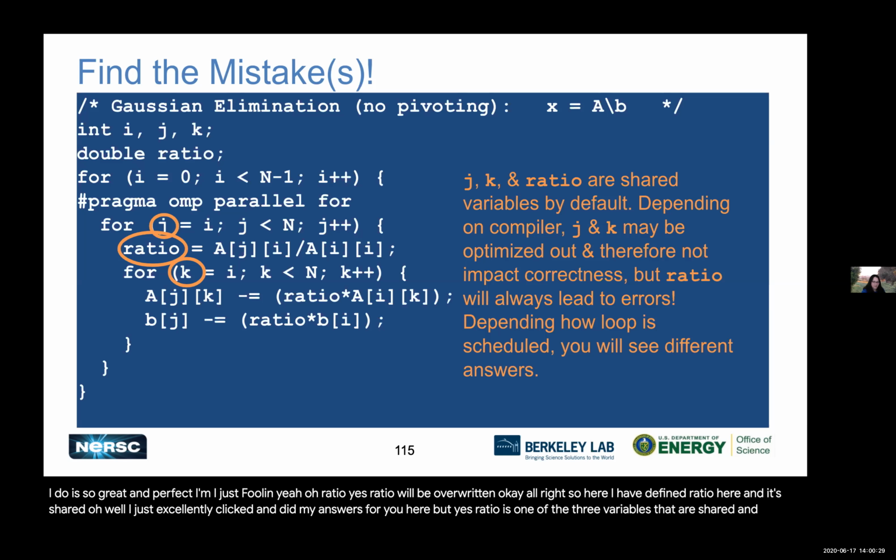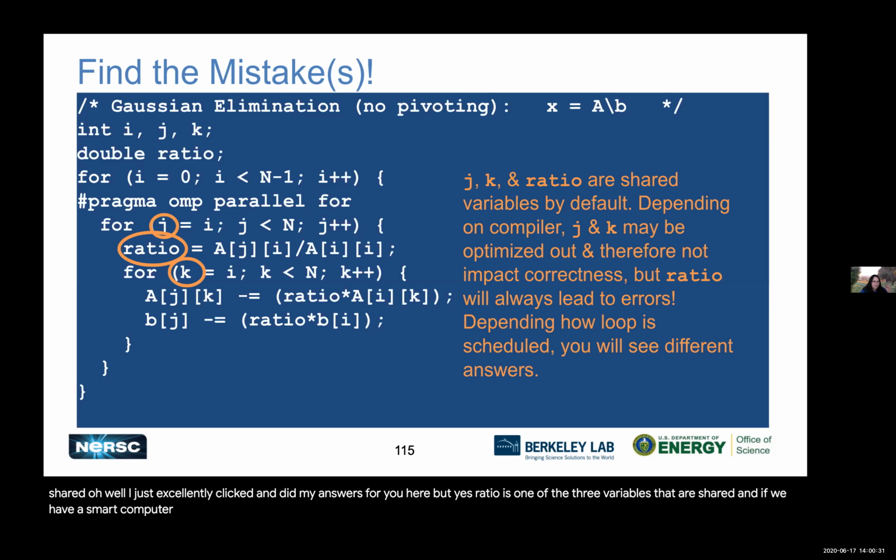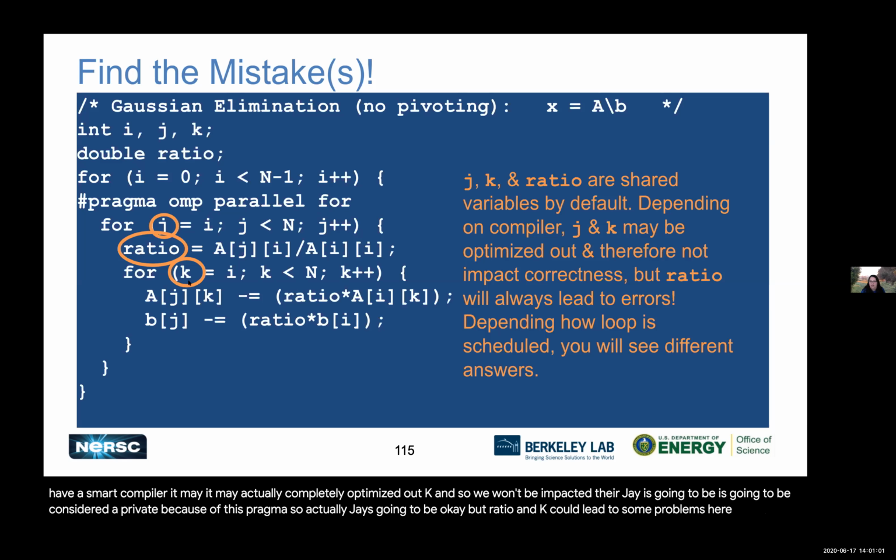And if we have a smart compiler, it may actually completely optimize out K, and so we won't be impacted there. J is actually going to be considered private because of this pragma. So J is going to be okay, but ratio and K could lead to some problems here.